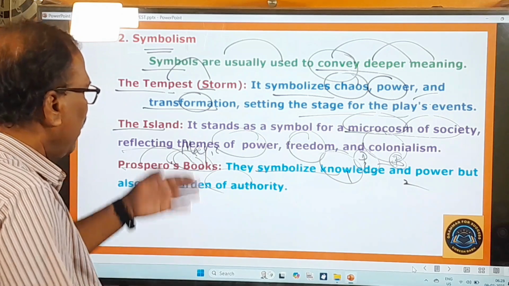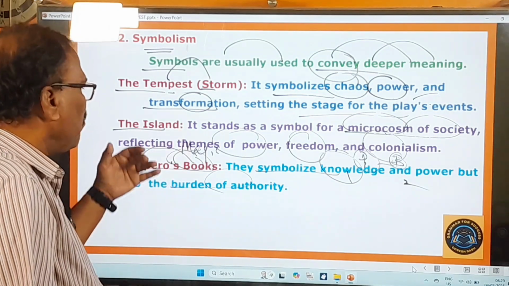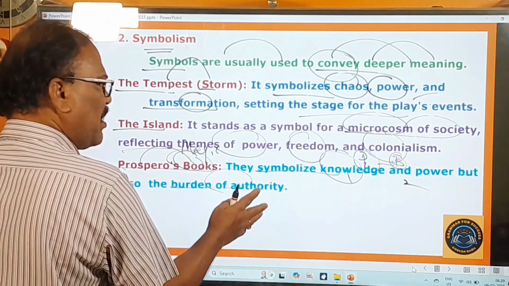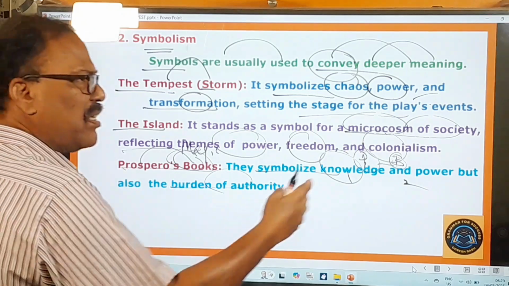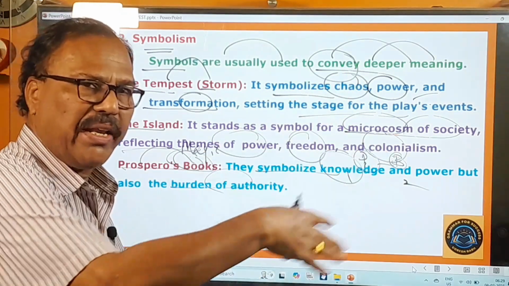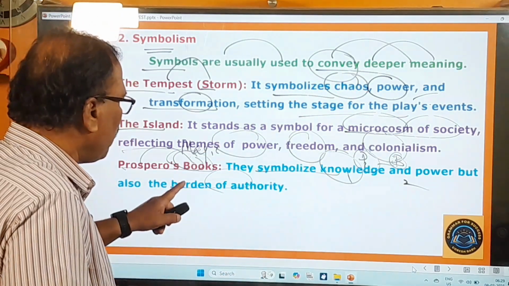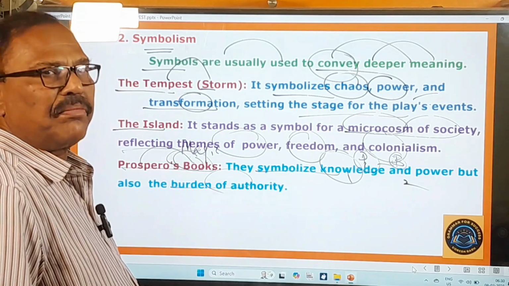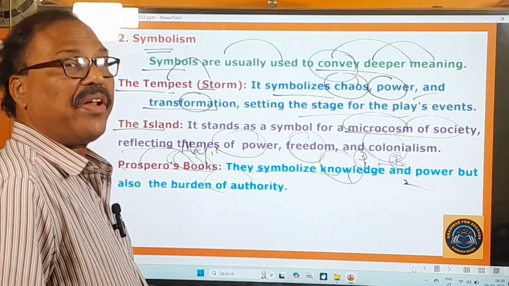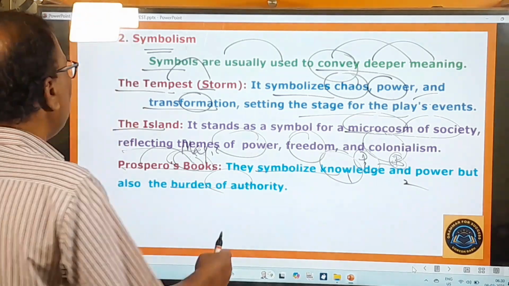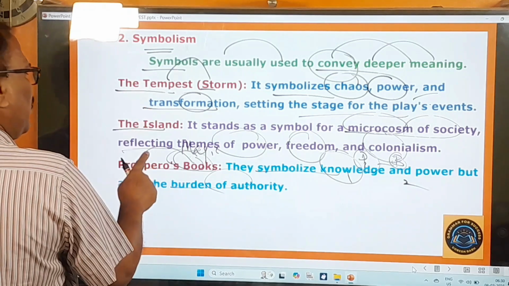Authority means administration and all that. Because Prospero was ruling all that area, it is called the burden of authority, the burden of administration. So in this way, in this drama, you can find these three symbols.